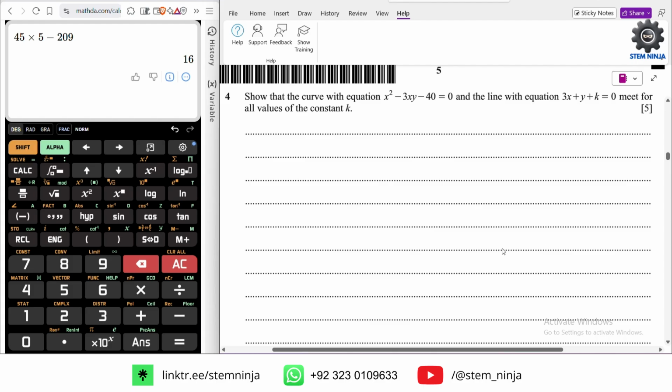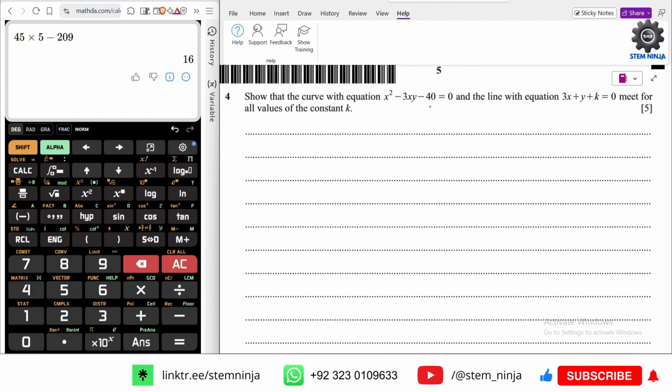Show that the curve with the equation x squared minus 3xy minus 40 equal to 0 and the line with equation 3x plus y plus k equal to 0 meet for all the values of constant k. So basically we can make y the subject over here and plug in y over here. Basically we need to show that the simultaneous equation for this is going to be satisfied for all real values of k.